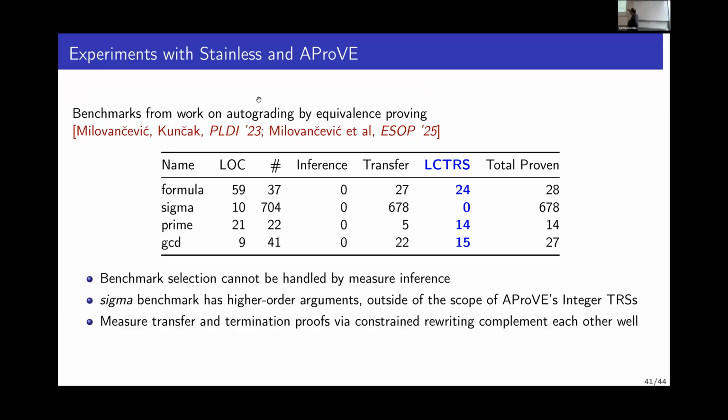Well, the sigma benchmark has higher-order arguments, and at the time we chose AProVE as the tool and input format of choice, so it had to give up on that. But overall, thanks to the use of LCTRSs, we gained something over the semi-automatic measure transfer and a lot over the inference approach.